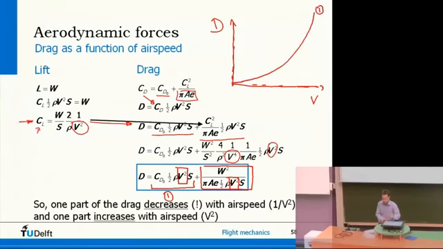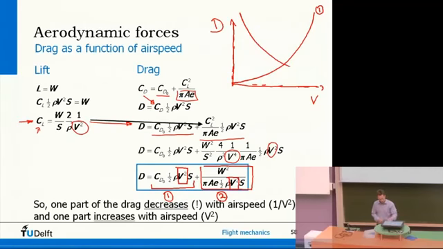It's just a parabolic curve, a function of V squared. The other one has all constants in there, but it's 1 over V squared. So if I call this one number 2, then number 2 looks a bit like this.